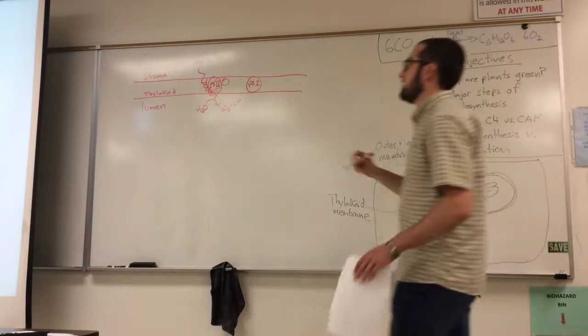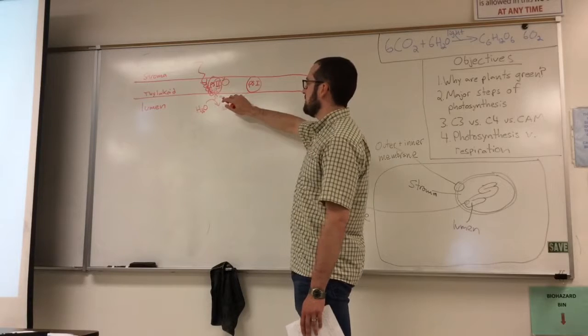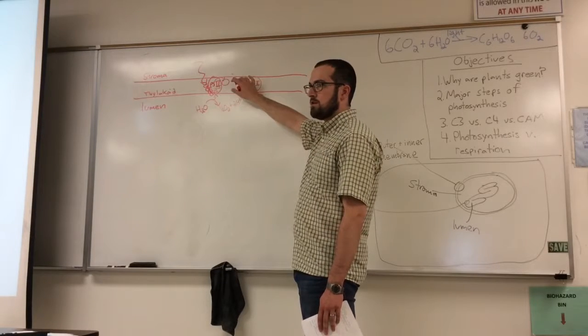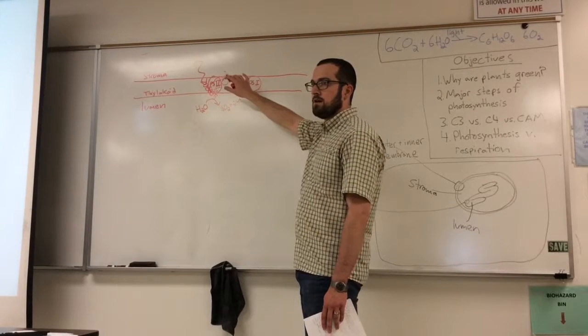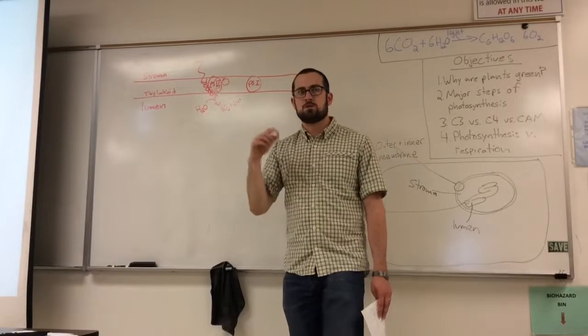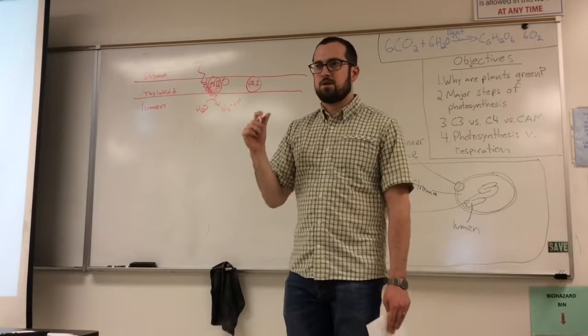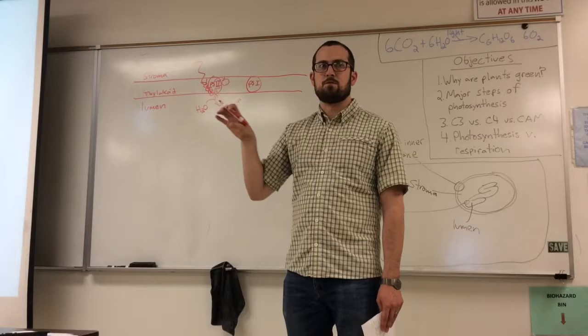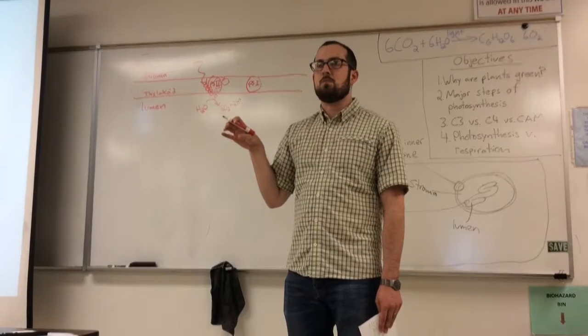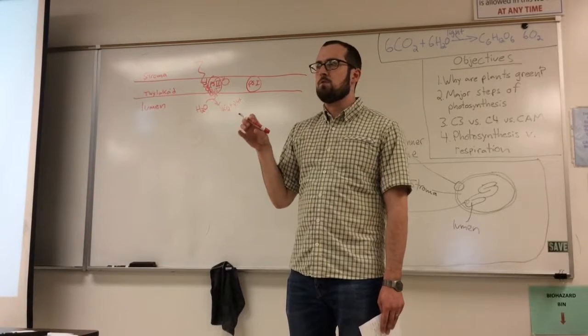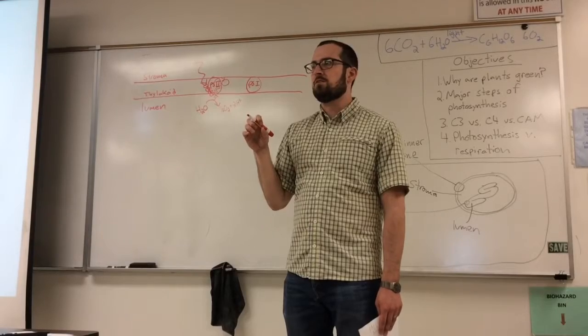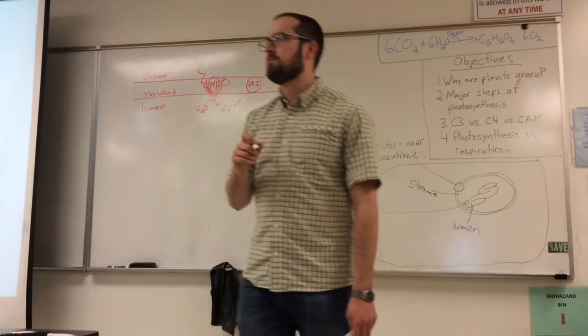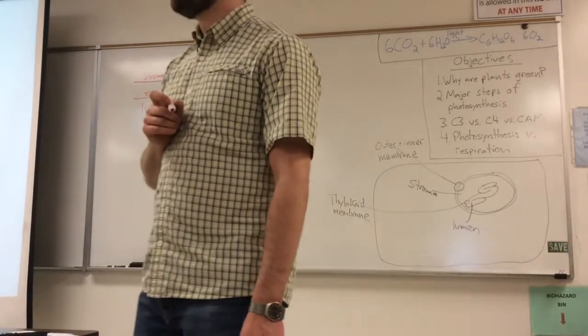So now we have our electron, we've moved it to another protein in the membrane, and now we're actually going to transport that electron through a chain of different proteins in the membrane. And so does that sound familiar? I see some heads nodding. So why does that sound familiar? And where did we see that before?